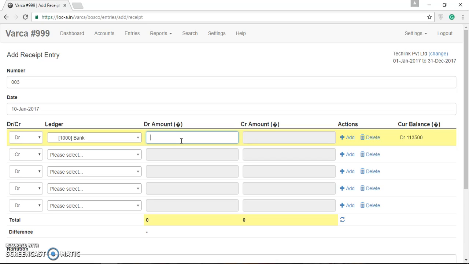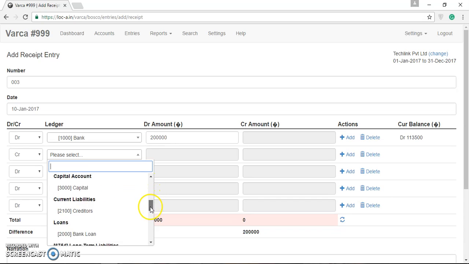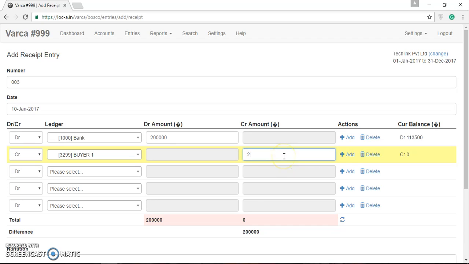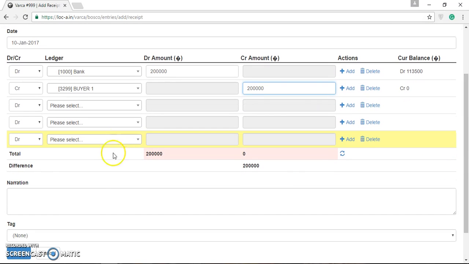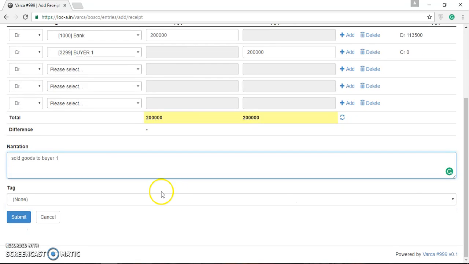Let us consider we've sold goods for 2 lakh and we've received payment from a buyer. Let us consider as buyer 1. 2 lakhs. Narration is sold goods to buyer 1. We submitted.